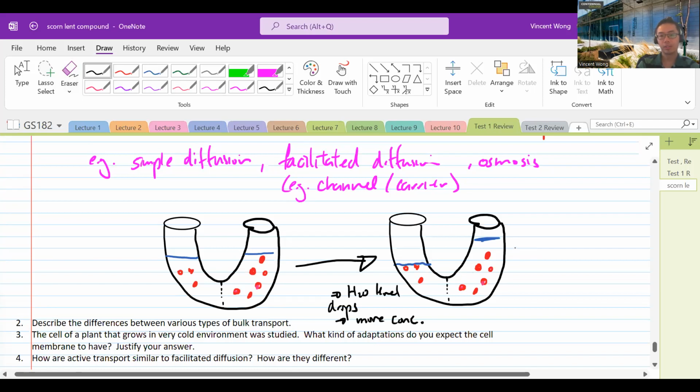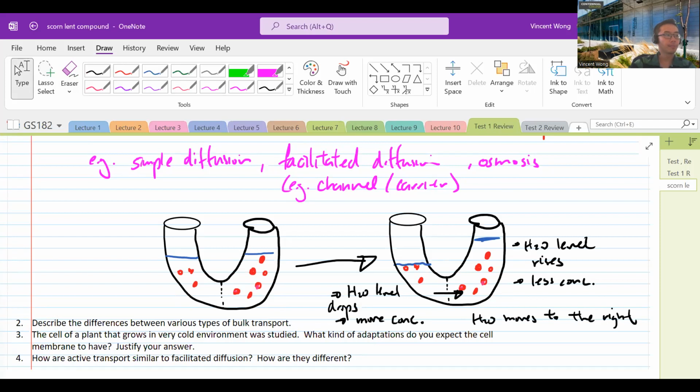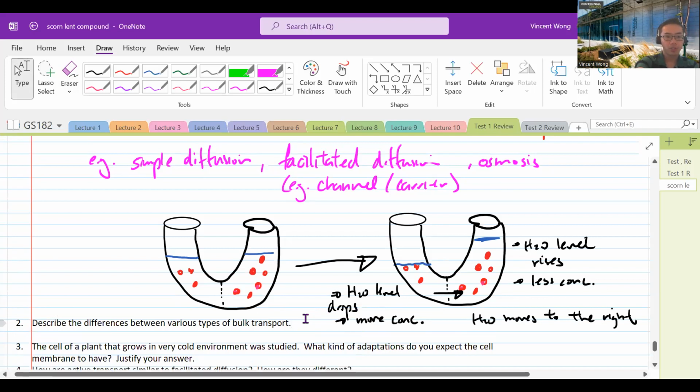And over here, the water level rises and becomes less concentrated, gets diluted, because the water is moving from left to right. Okay, so water moves to the right. All right. Hopefully you understand that. And if not, feel free to ask a question.